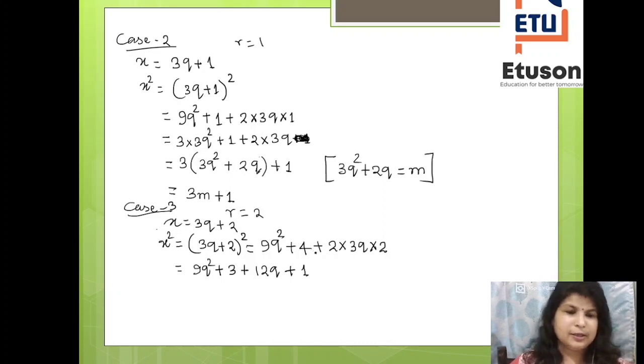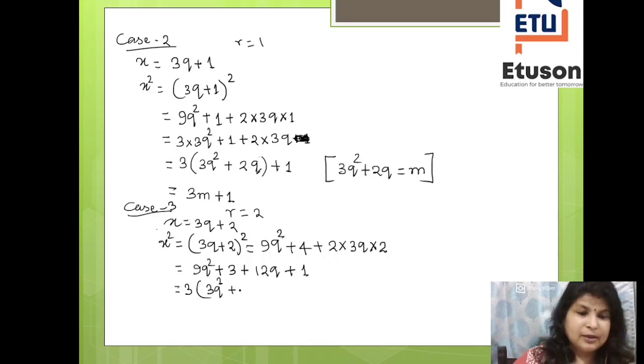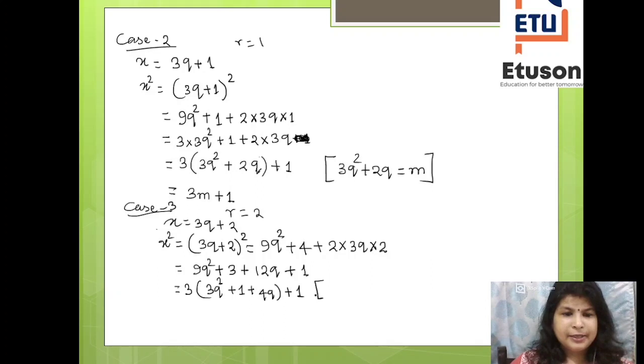I separated the 4 into 3 plus 1 so that I can take 3 as a common factor. So I will take 3 as common factor here. So what is remaining within the bracket? 3q square plus 1 plus 4q.